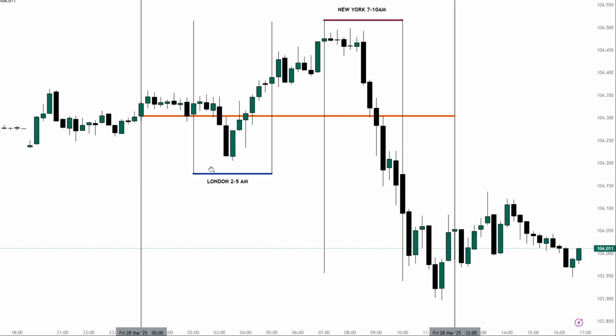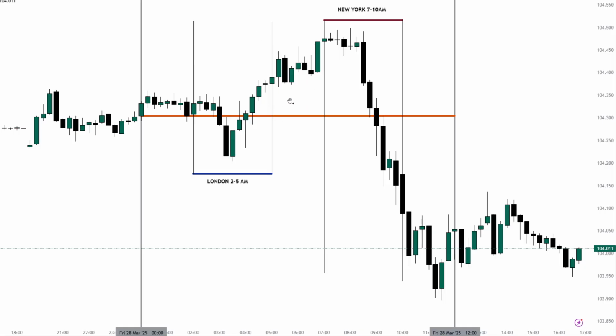Back into the charts. What I have marked out here is that same chart we had a couple slides back. We have the opening. So at 12 a.m., we have the opening price at this candle here. So we mark out where 12 a.m. is, and we mark out the opening price. Then the first session out of those two major sessions, the London and New York, is obviously the London, which is the 2 to 5 a.m. time zone.